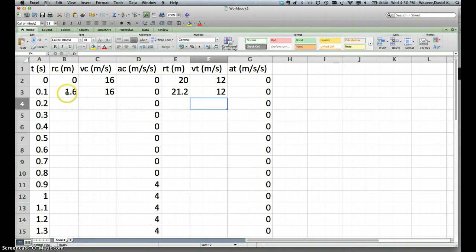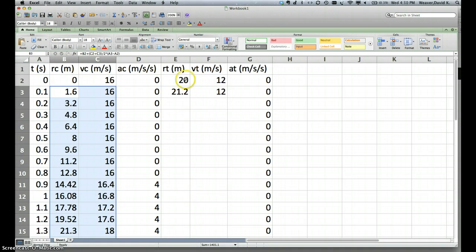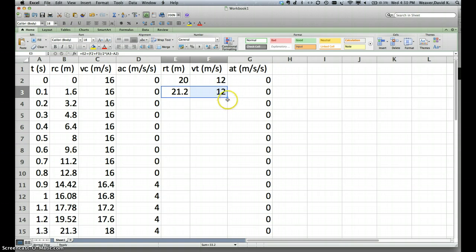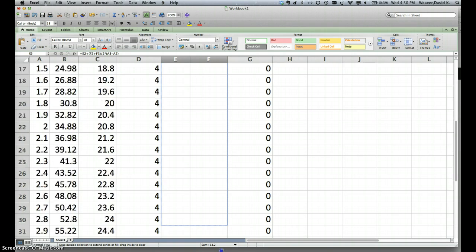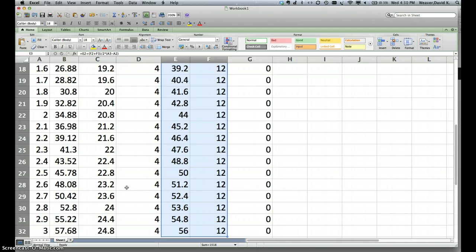And so that's good. So what I'm going to do is highlight these two cells that contain the equations for the position and velocity of the car and drag them down. And then I'm going to do the same sort of thing for the truck's position and velocity. And then I'm going to look to see if I can see where the car might have caught up with the truck.